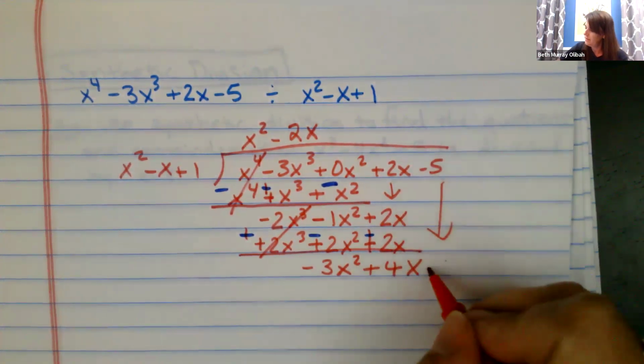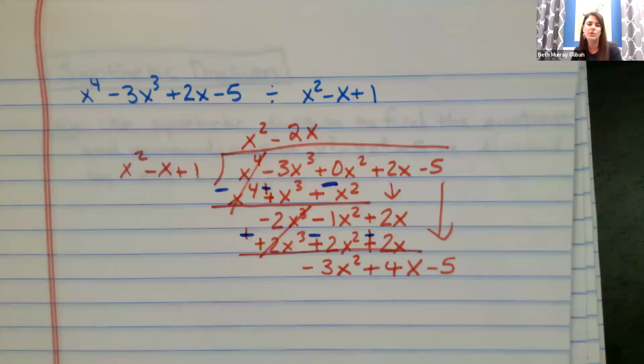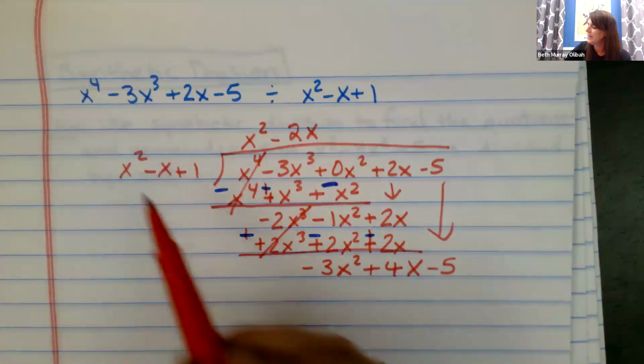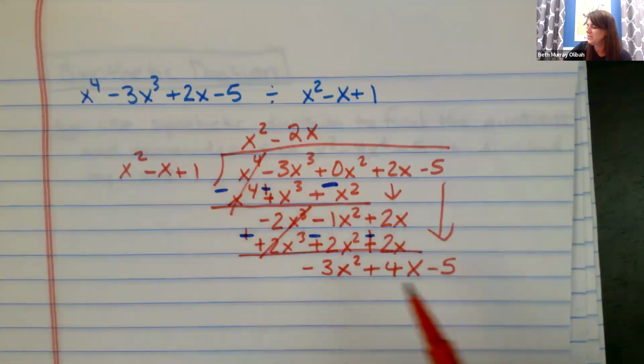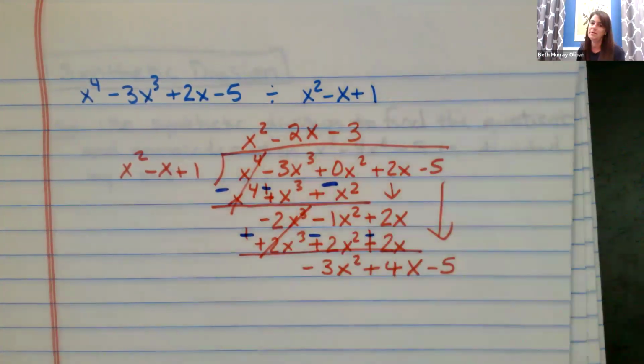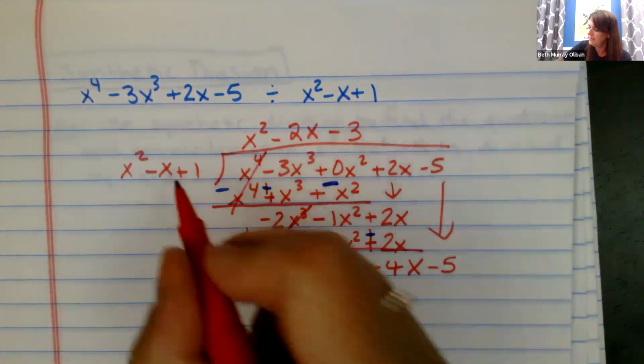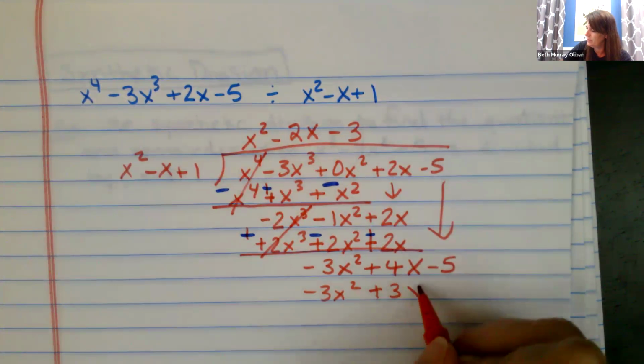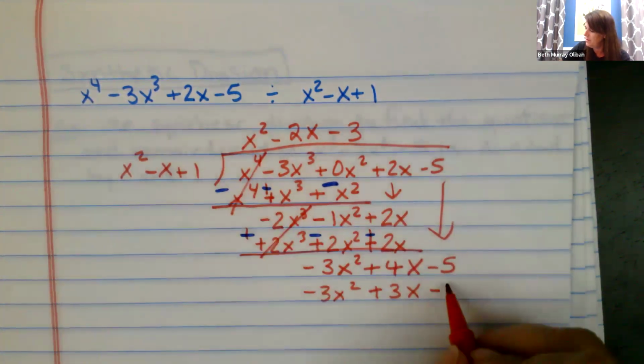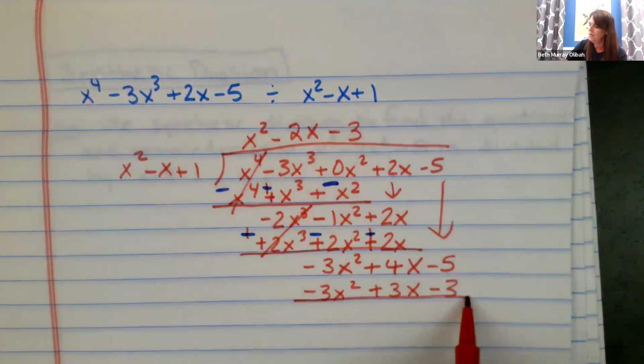Bring down the -5, and we have to go one more time. What would I have to multiply x squared by to match this? I would just need the -3. Now I multiply. -3x squared, negative times a negative is a positive 3x, negative times 1, -3.